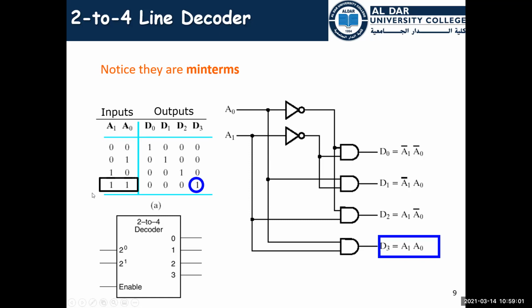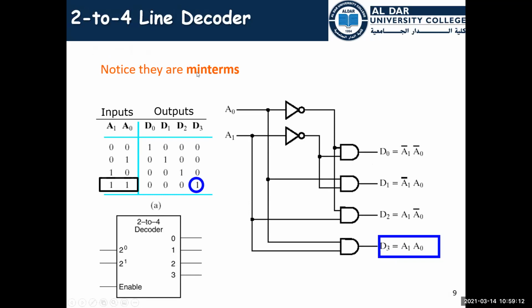So they are the minterms. This is very important, because we will need the minterms in how to represent any logic using the decoder. The decoder can represent any logic you want.